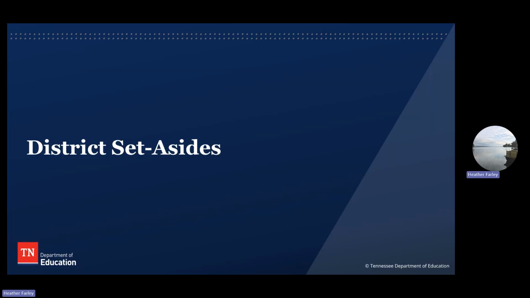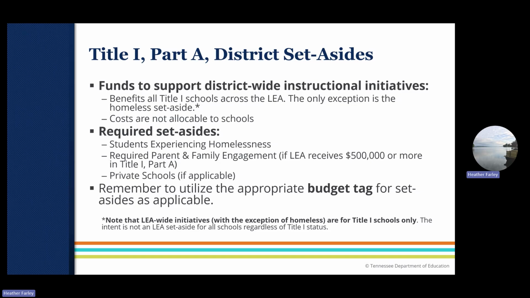And with your district set-asides, there are some required set-asides, and some of them are optional based on the needs of all the Title I schools. With the exception of homeless, the intent of the Title I Part A district set-asides is for your Title I schools only.